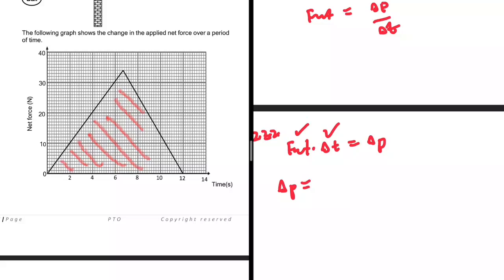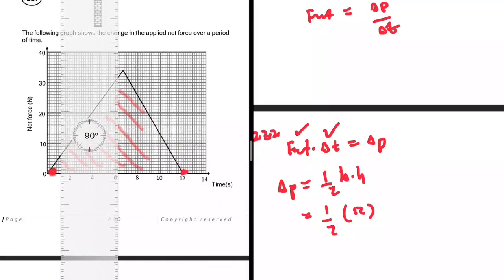Delta p is going to be equal to half base multiplied by height. So delta p is equal to a half, the base time taken from 0 to 12 seconds, so that is 12. And then the height, let me just take out my ruler. Right, this is our height.